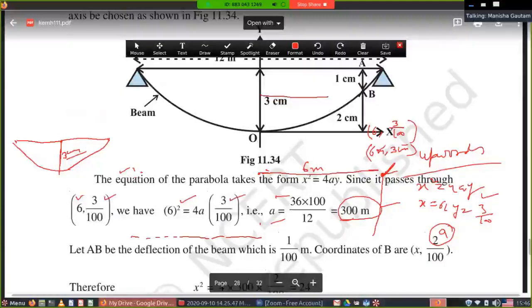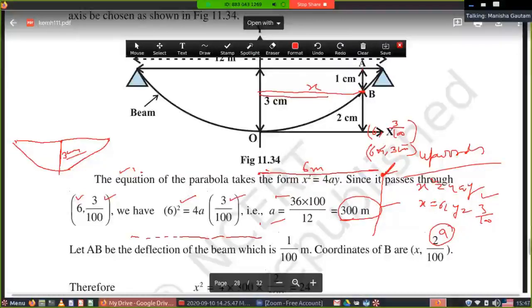Now the question is, you have to find out the value of x, where the deflection is 1 centimeter. Now the question is, what is the point? B is a point. What are the coordinates of this B point?